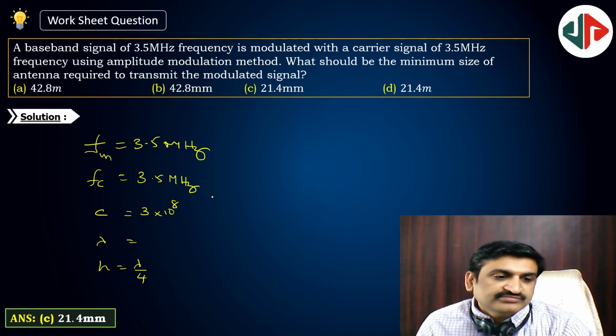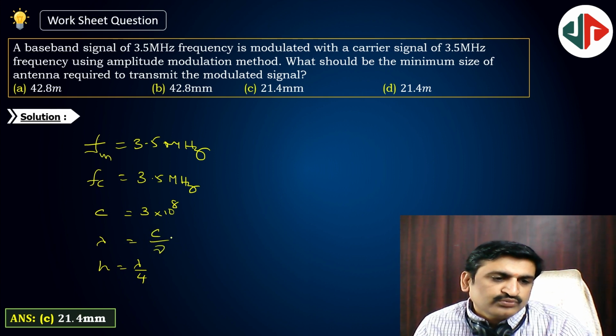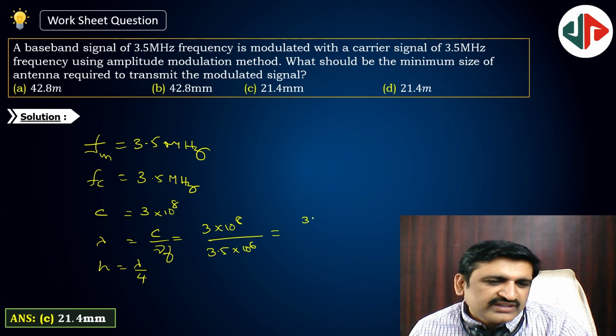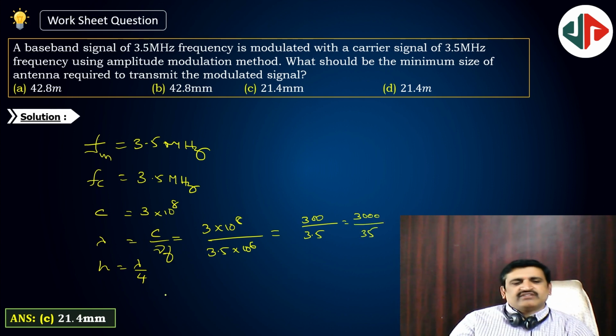So here lambda is equal to c by nu, or f. c is 3 into 10 to the power of 8 by nu is equal to 3.5 into 10 to the power of 6, megahertz, right? So it will be 300 by 6, that's why I took 3.5. So it is 3000 by 35, and h is equal to lambda by 4.